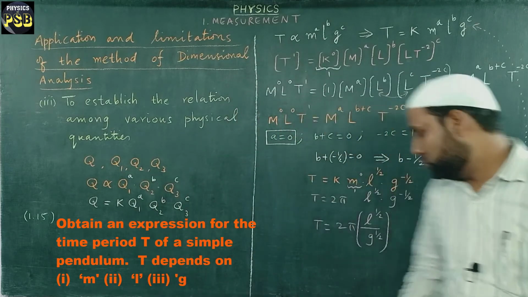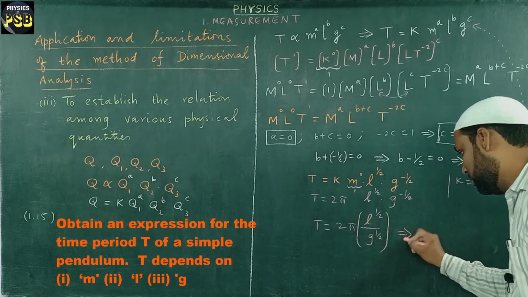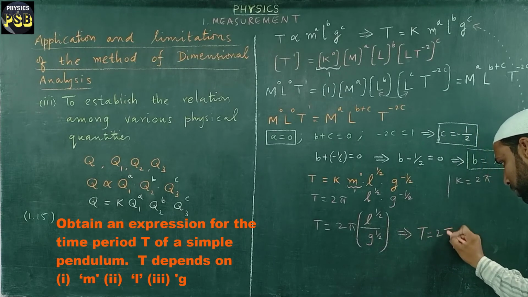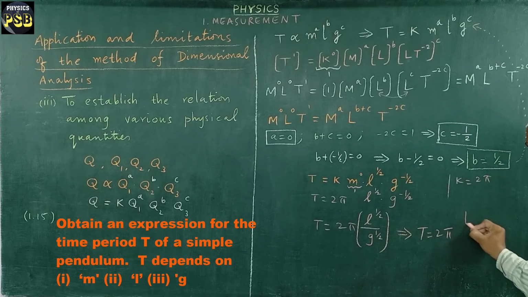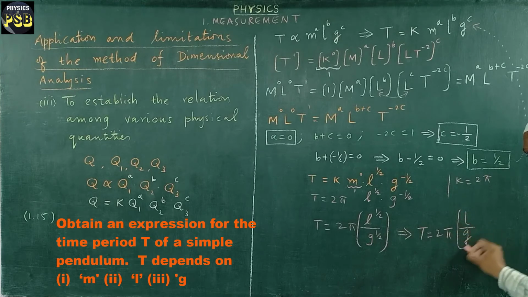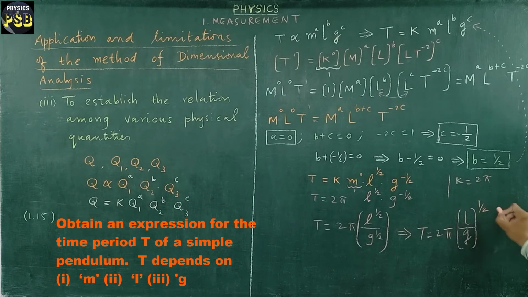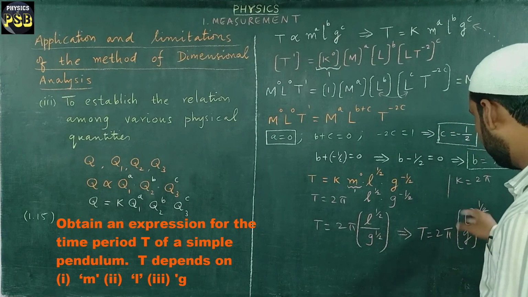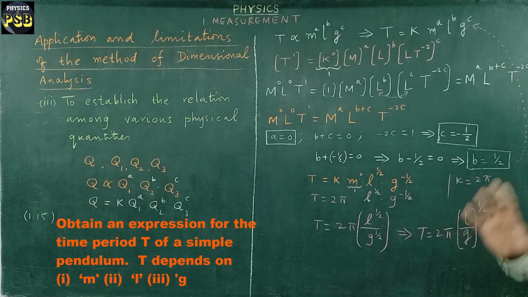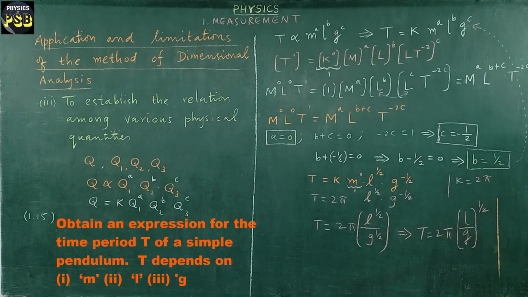So I simplify this one and write it this manner. T equals 2 pi (L upon G) raised to power half. This is what we get. Remember this, anything raised to power half is nothing but root of that value.